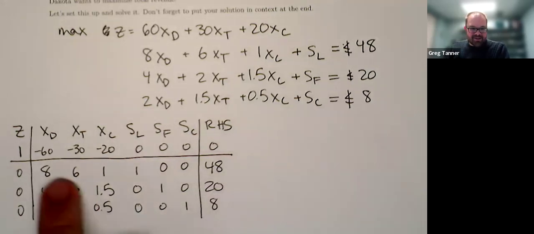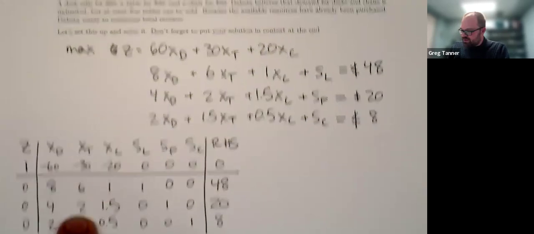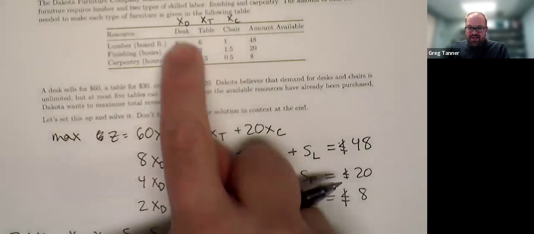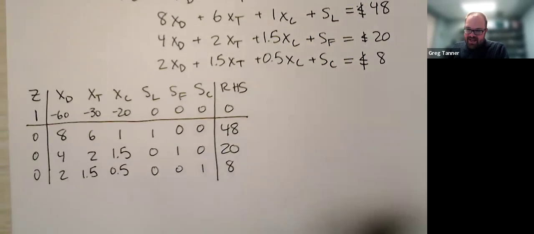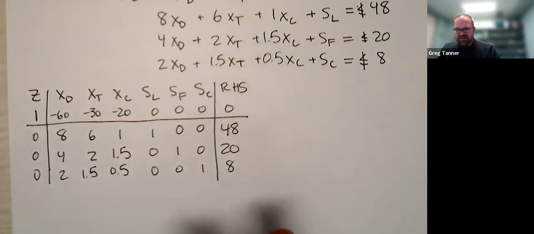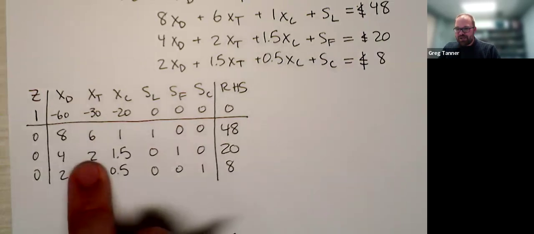Okay, what you'll notice is this part here was exactly this table up here. So nice things happen when you're given your information in the right format, but I will warn you, you're not always guaranteed that you can just copy the table straight into your Tableau.